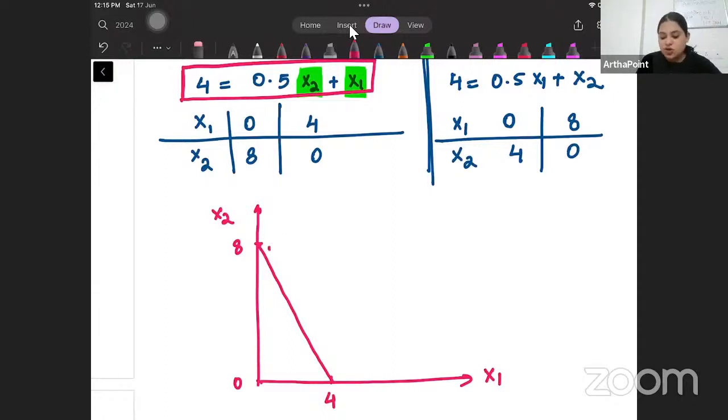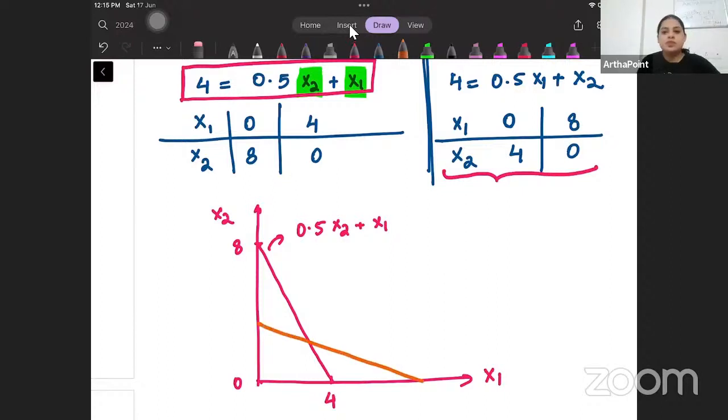For this line, what is your utility equation? 0.5 x2 plus x1. Now look at the second one. This line is either 0, 4 or 8, 0. So the line that I will be having will be like this. This is 4, this is 8. And the equation of this line will be 0.5 x1 plus x2.